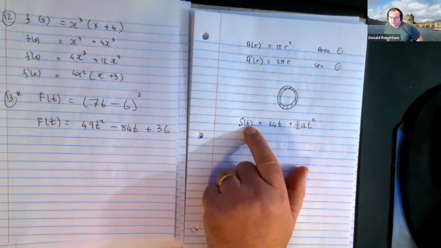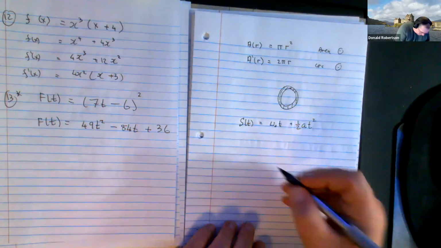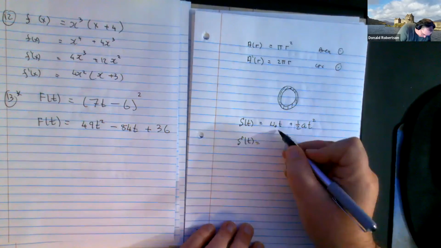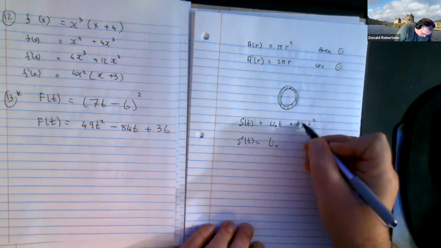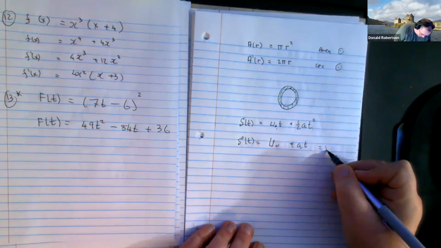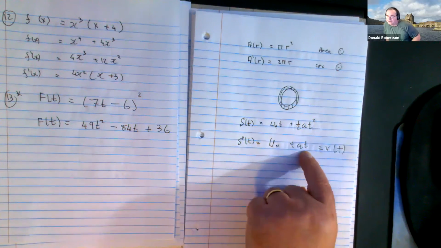So S of t is the displacement, and it's u naught, the initial velocity. If you differentiate this formula, you get u naught plus at. Isn't that the velocity of a moving object whose initial velocity is u and acceleration is a?